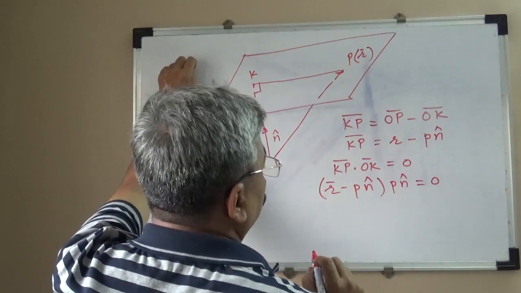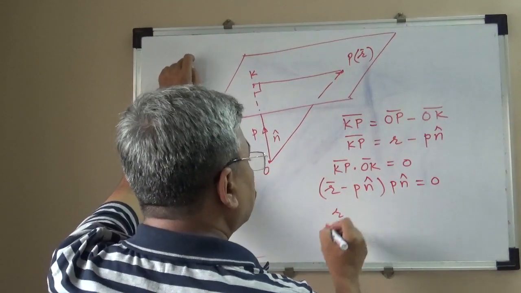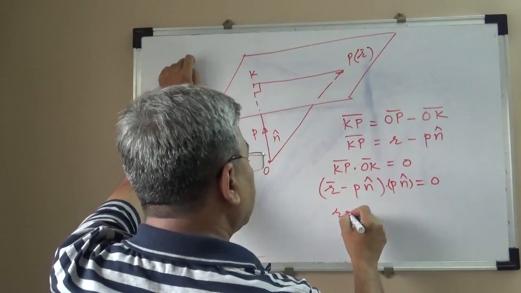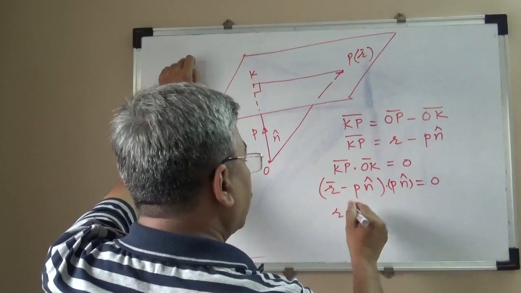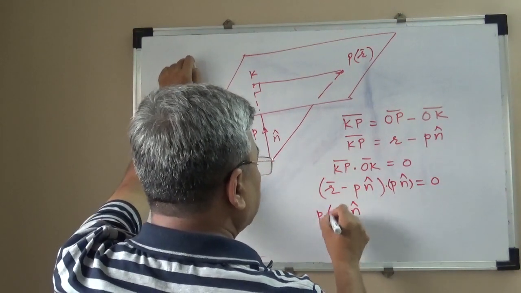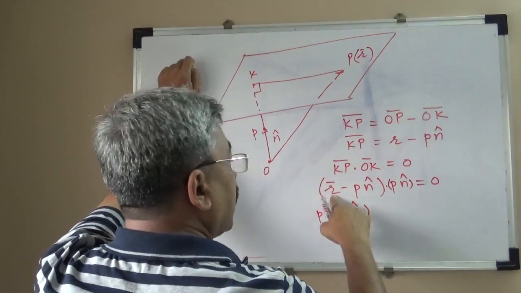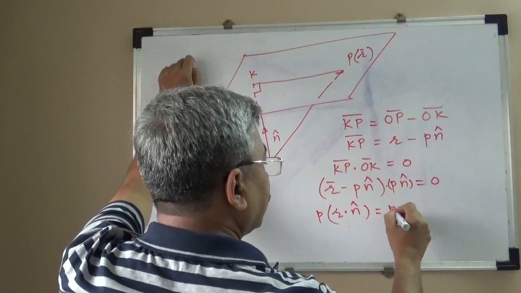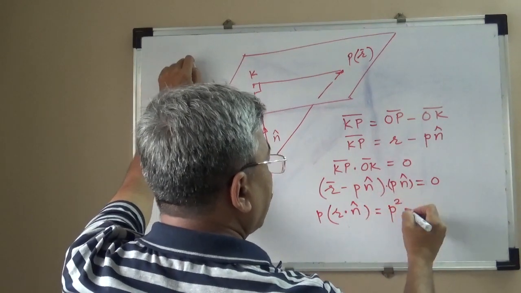And therefore, what do we have? R, this is dot product. So R dot n cap times P times R dot n cap. P is a scalar, R dot n cap is equal to P square, n cap dot n cap is 1.